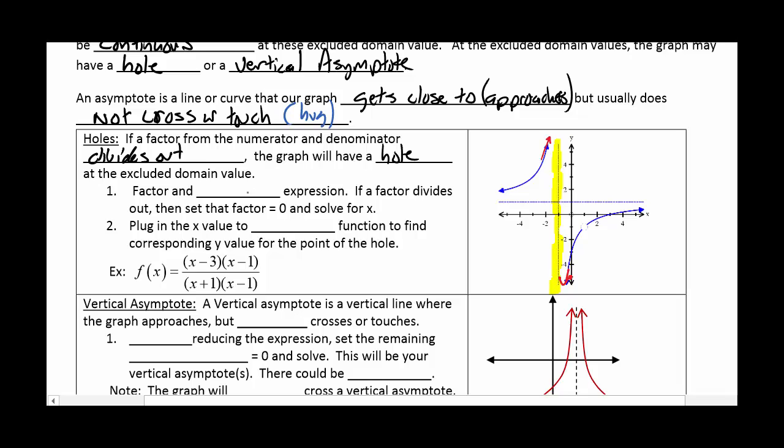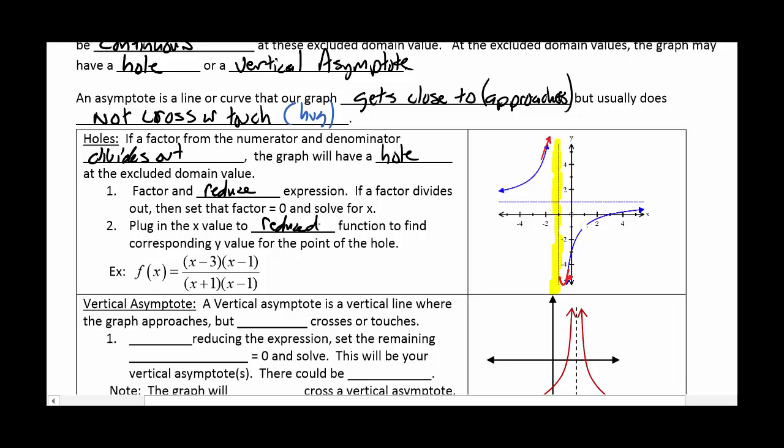And so what we're going to do is factor and reduce the expression. If the factor divides out, then we're going to set that factor equal to 0 and solve for x. Then we're going to evaluate, or plug in x to, the reduced function to find the corresponding y value for the point of that hole.